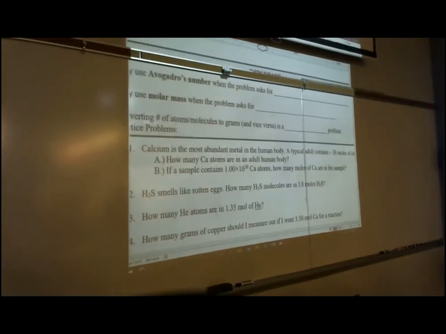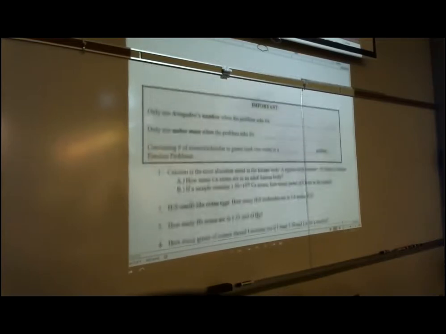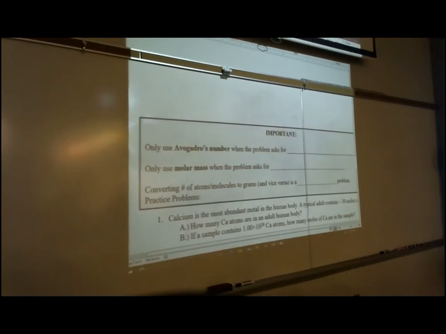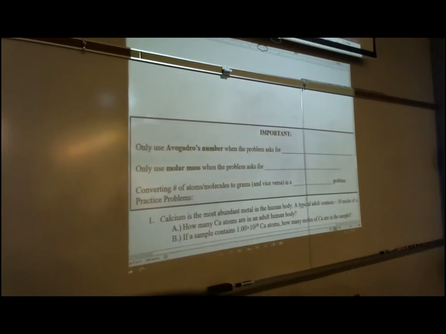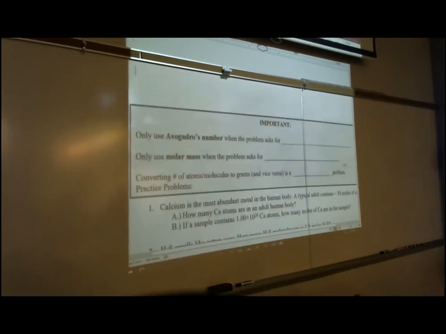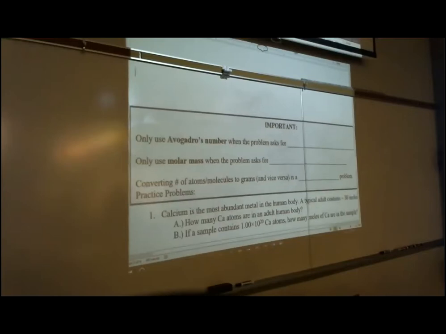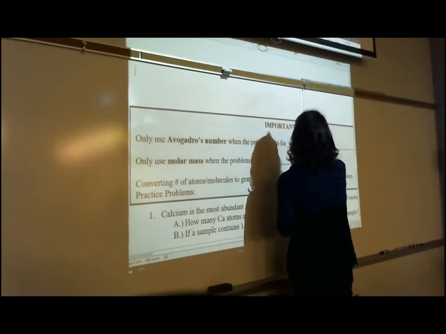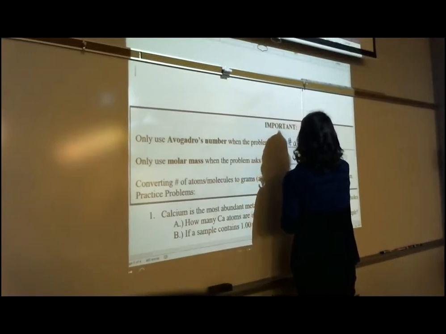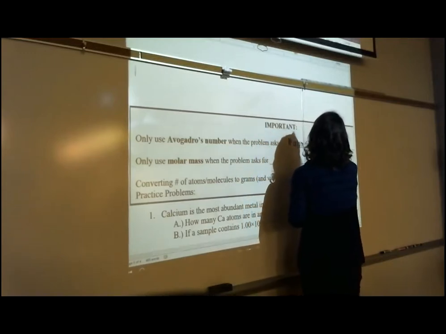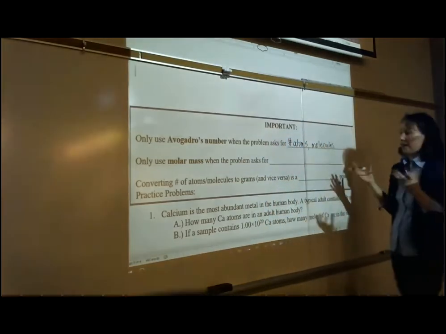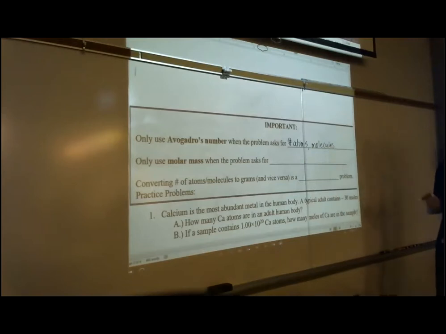All right, this is really important. Only use Avogadro's number when the problem asks for what? What are the key words to look for if you're using Avogadro's number? Molecules, number of atoms. Something that you would need a big number, a big quantity.